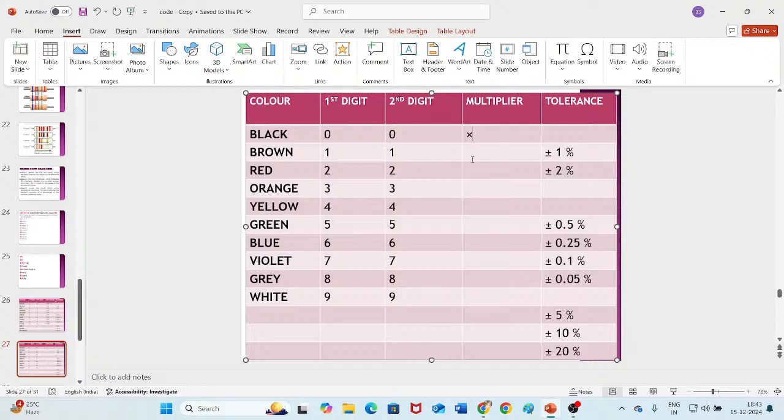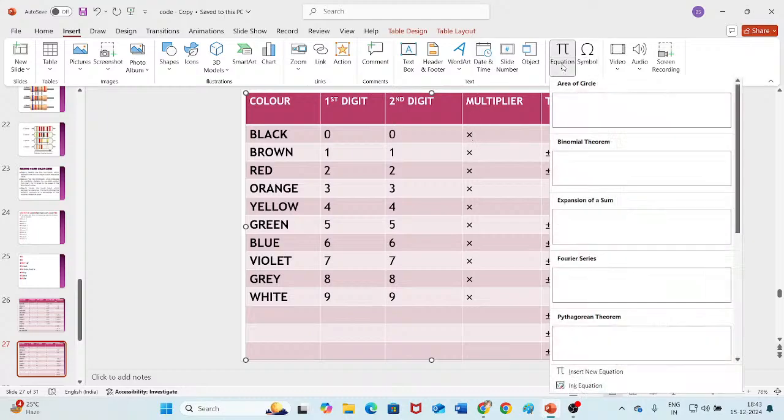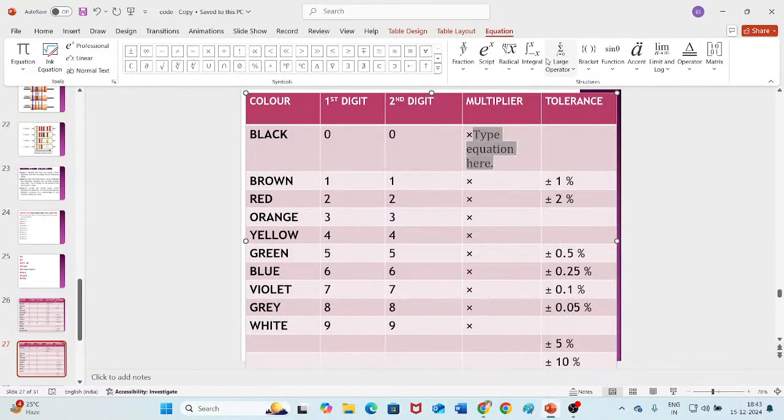See, I have mentioned the multiplication symbol here. You just copy it and paste it for all the values. See, it's a multiplication symbol I have inserted, and I want to insert some equation also.